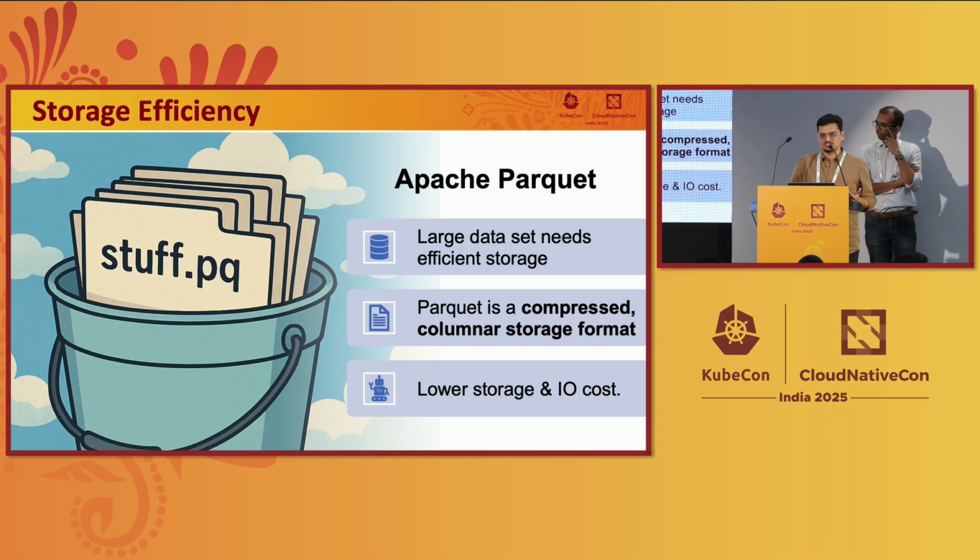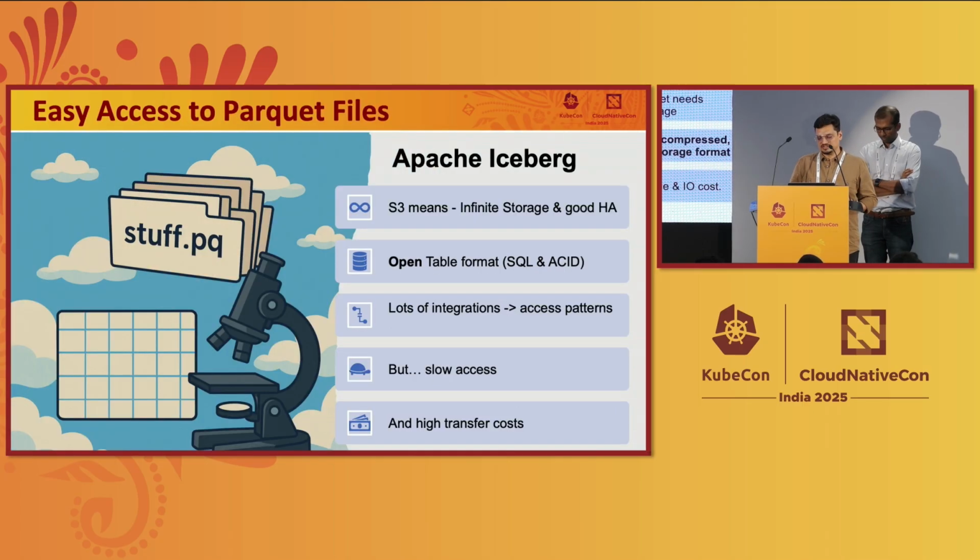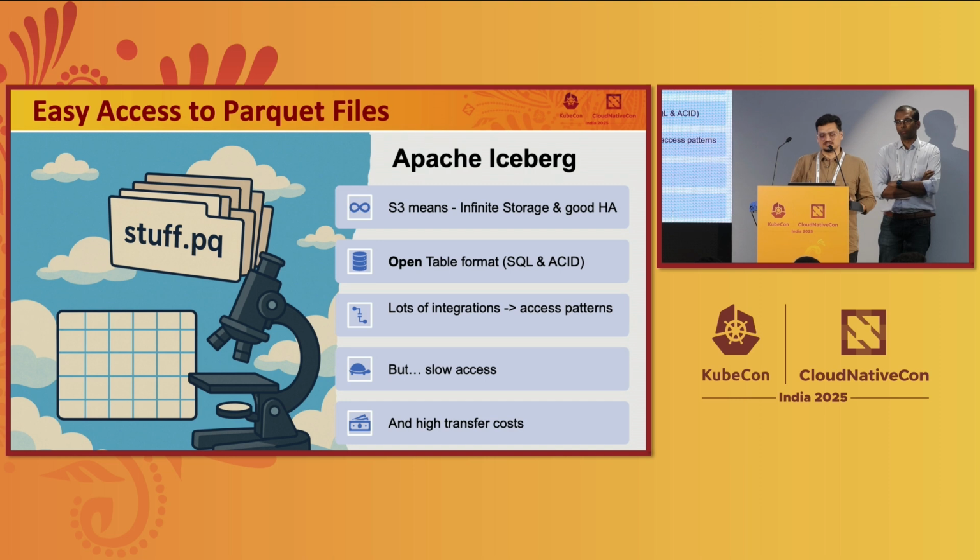So lower storage, and when you are fetching data, lower amount of bytes across the wire, right? So storage cost and network cost both alleviated there. Now, when you have a lot of data files, you want an easy way to access it, right?